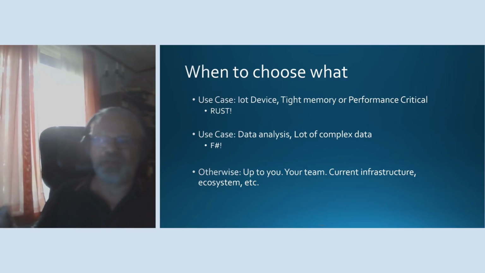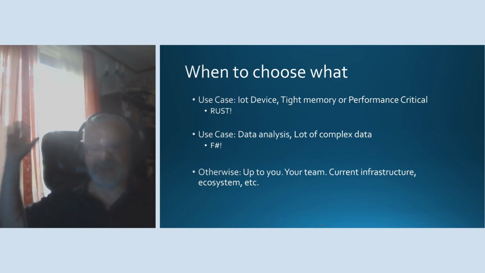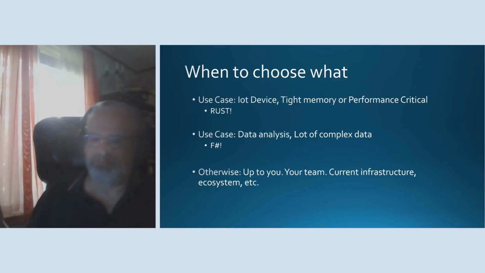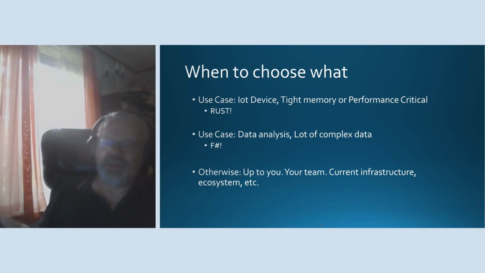But life is never this black and white. There's always a grayscale. So when do you switch from Rust to F# when you move along this grayscale from small devices to big data? I don't know. It's more or less up to you, really, or your team, your current infrastructure.